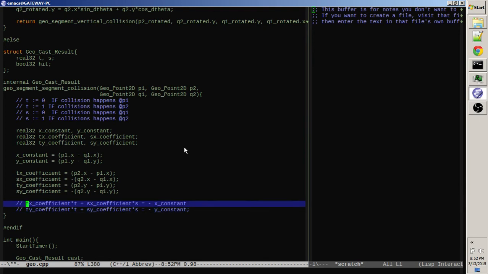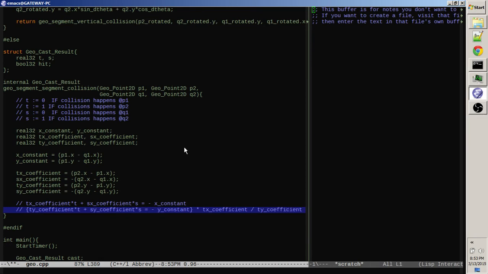So now to solve for t, we want to multiply this bottom part here by basically the factor of, I'll take this whole thing like this, so we're multiplying all of that by tx coefficient divided by ty coefficient, right?